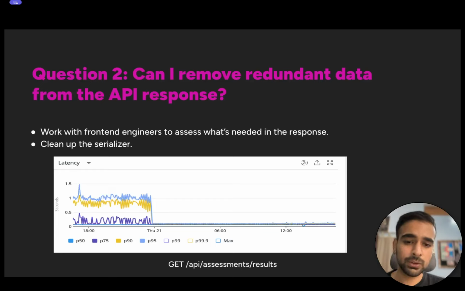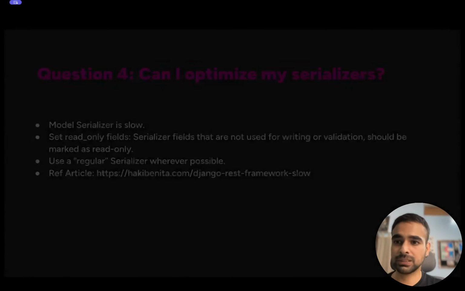This is very low hanging fruit, but for this particular API, as you can see, just making this improvement decreased the latency of this API by a lot. This is something to keep in mind while optimizing APIs, because this can be one of the things you can look into to make the optimization.